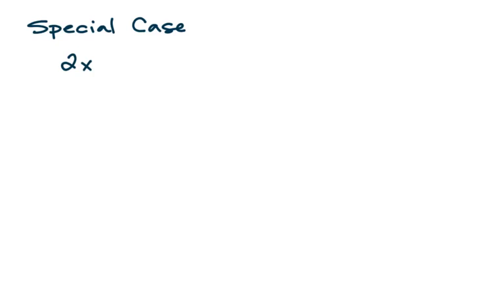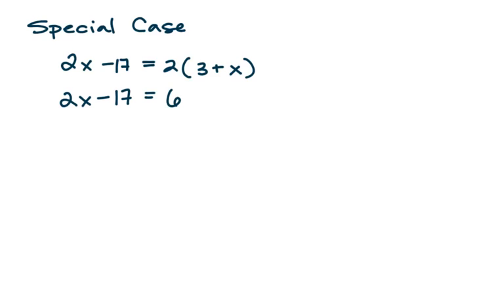Suppose I have, say, 2x minus 17 equals 2 times the quantity 3 plus x. In this situation, if I were solving this equation, we would say, well, that's 2x minus 17 equals 6 plus 2x distributing. Then I would subtract 2x from both sides to get my variable terms together.